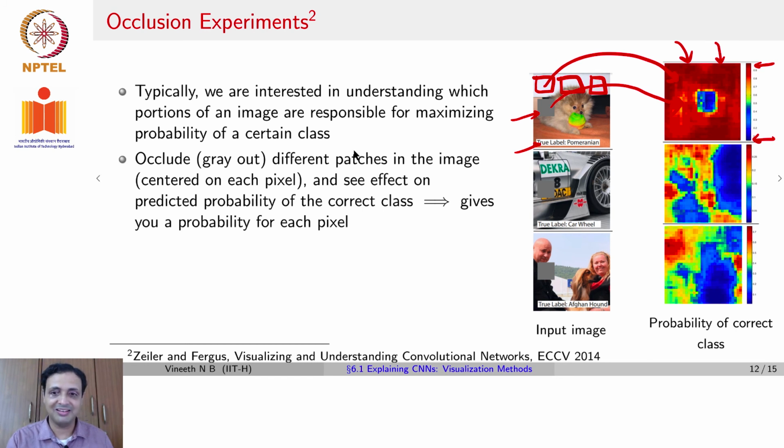In fact, this entire discussion came out of Zeiler and Fergus's work on visualizing and understanding convolutional neural networks. It's a good read for you to look at the end of this lecture. They observe that when you place a gray patch on the dog's face, the class label predicted by the CNN is a tennis ball, which is perhaps the object that takes precedence when you cover the dog's face.